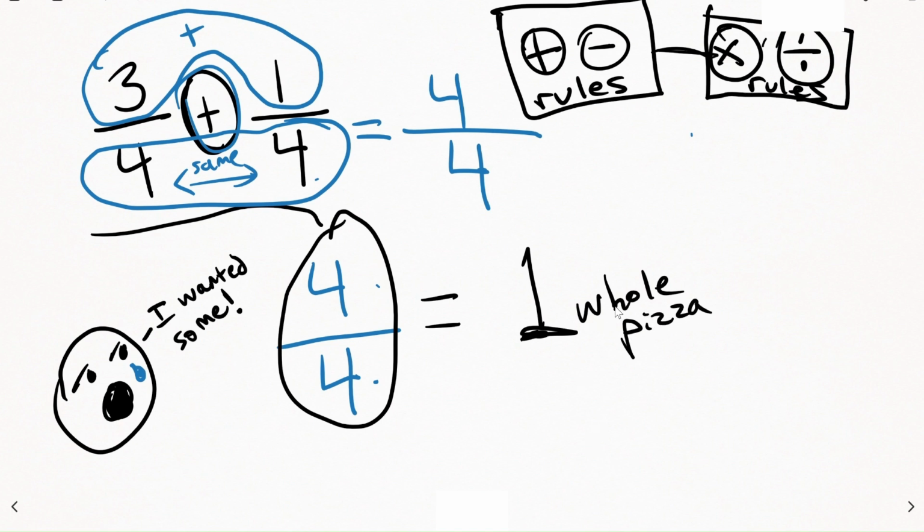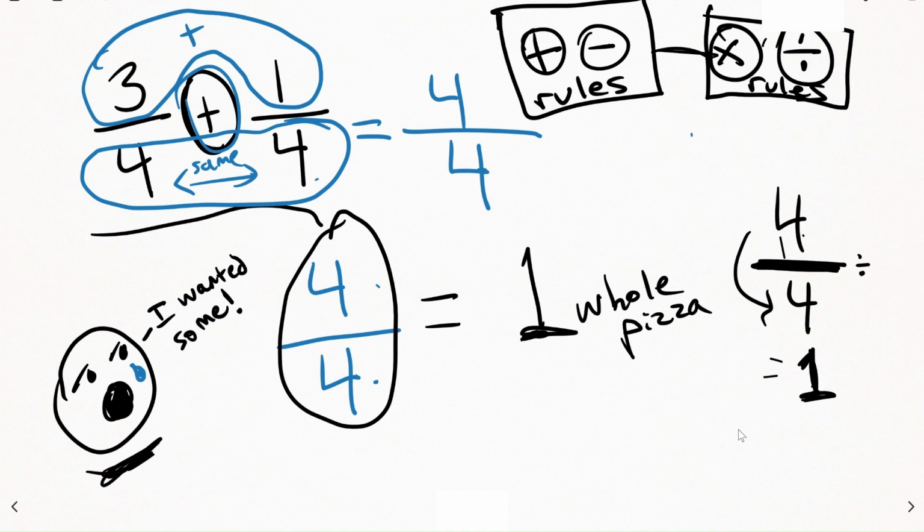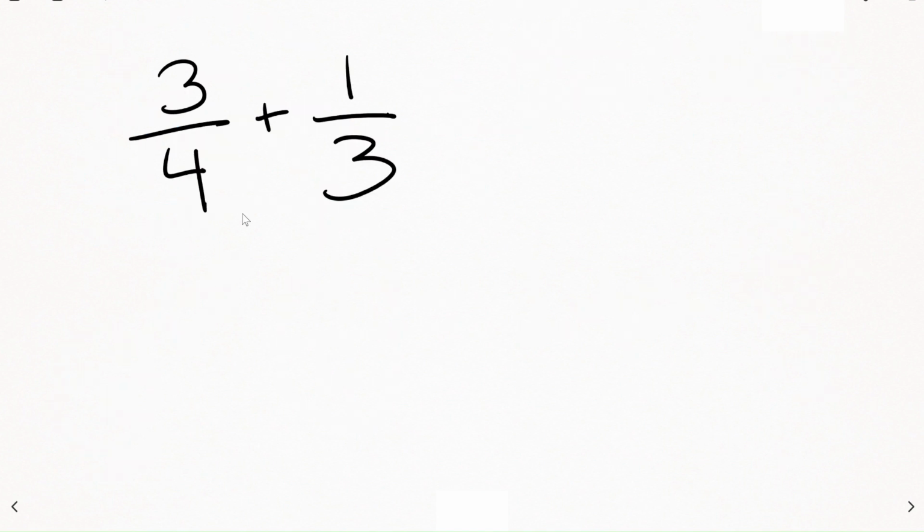Now, mathematically, you can also check that because, as I said, a fraction bar is the same thing as a division sign. So 4 divided by 4 equals 1. So you can check that by just doing actual math instead of eating a whole pizza and making your little brother cry.